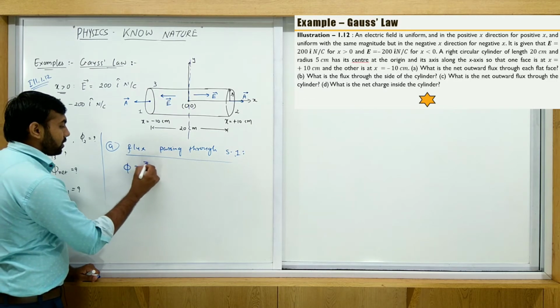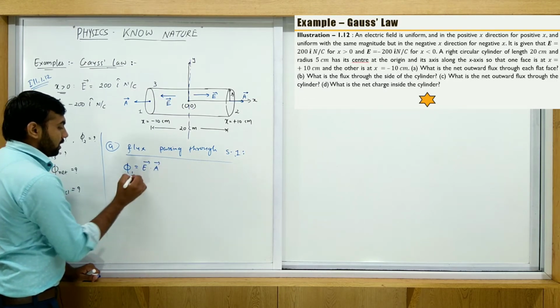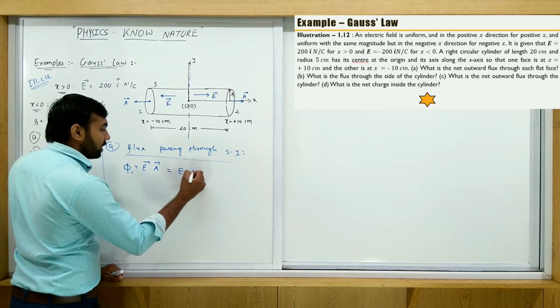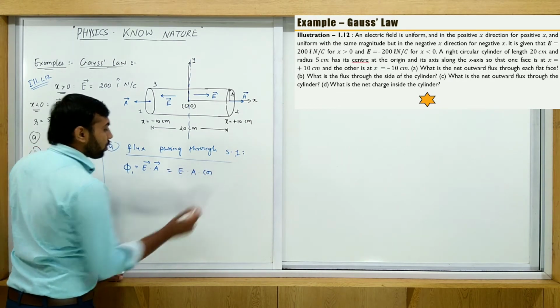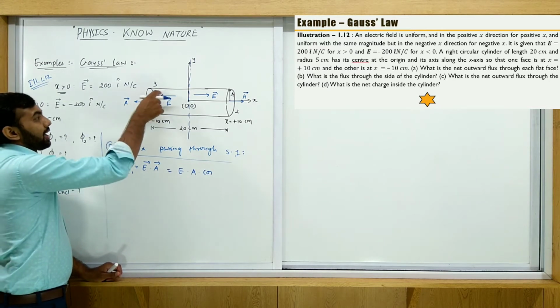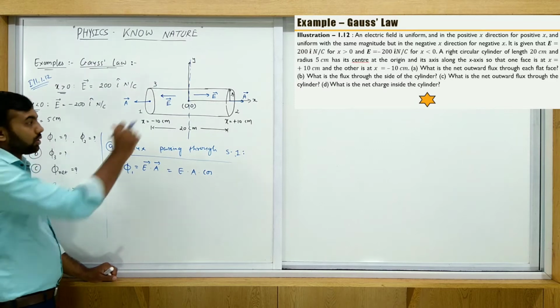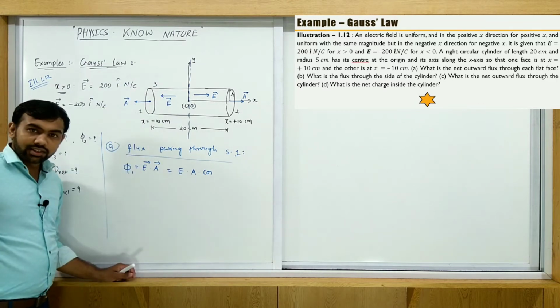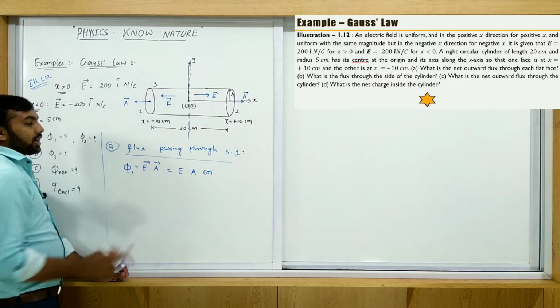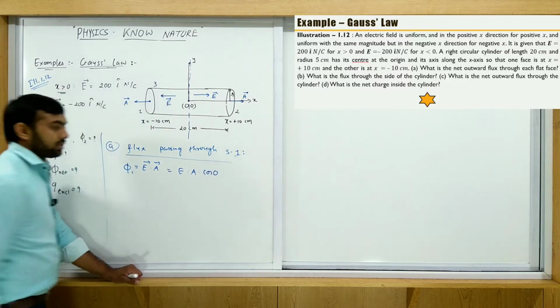Phi 1 is equal to E dot A. What is this? Magnitude of E, magnitude of A into cos theta. What is the theta for this one? Both are along the negative x direction, so the angle is 0, so cos 0.